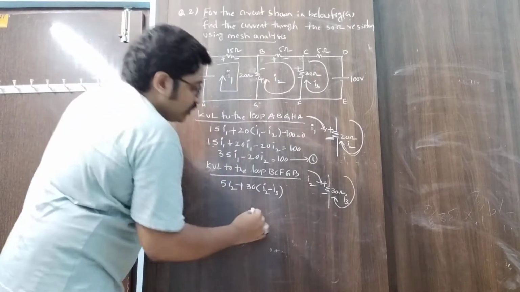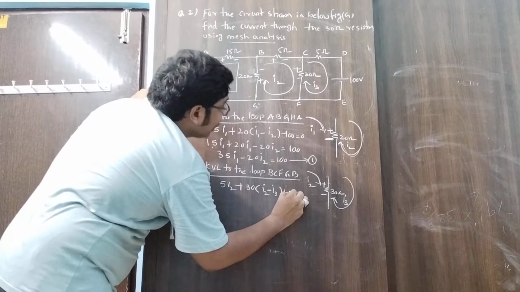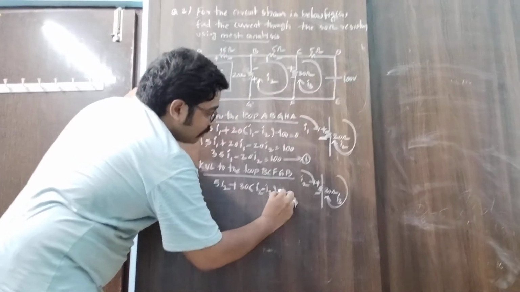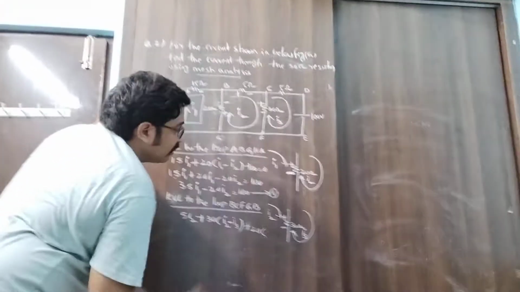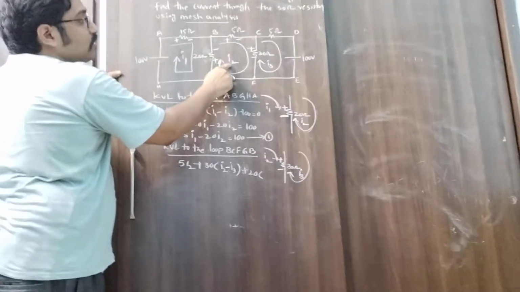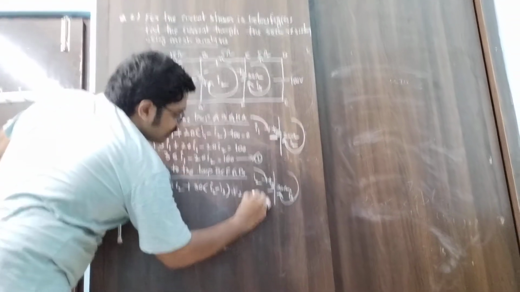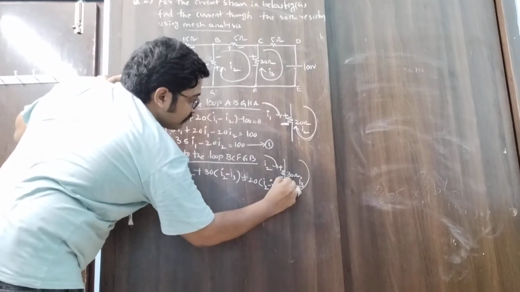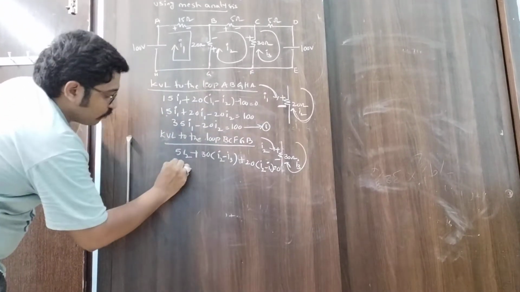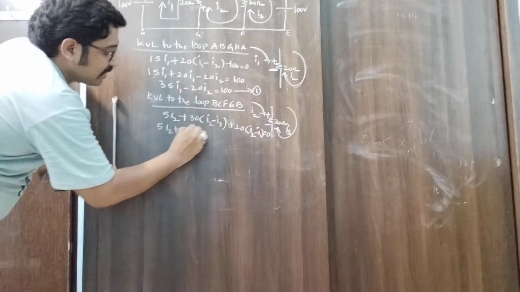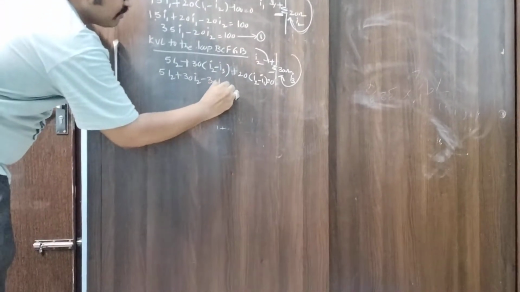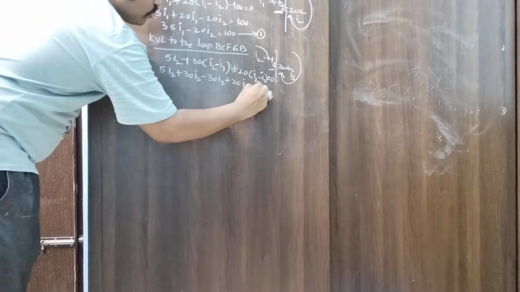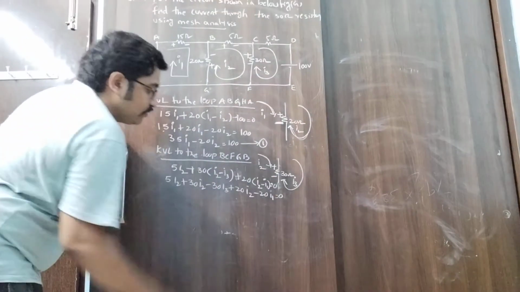G to B, again we are having resistance, 20 times. You should give the priority to the second loop, so you should write it as I2 minus I1 is equal to 0. So now 5 times I2 plus 30 times I2 minus 30 times I3 plus 20 times I2 minus 20 times I1 is equal to 0.